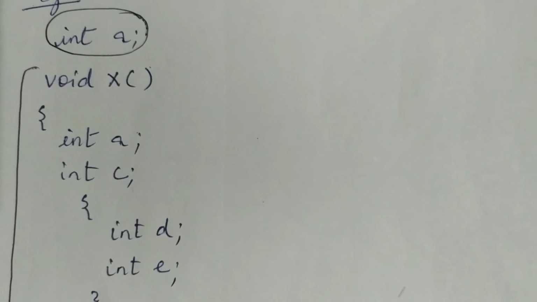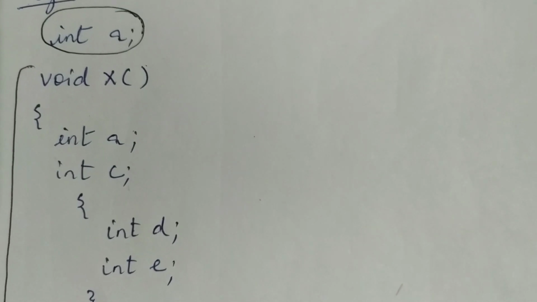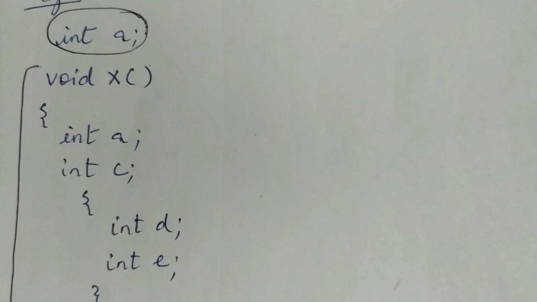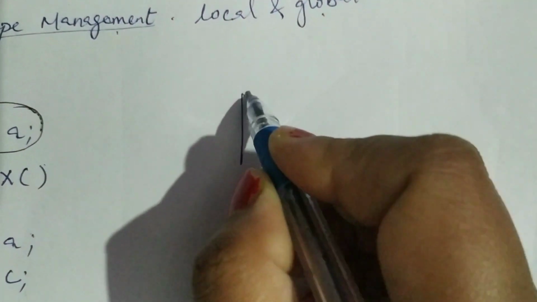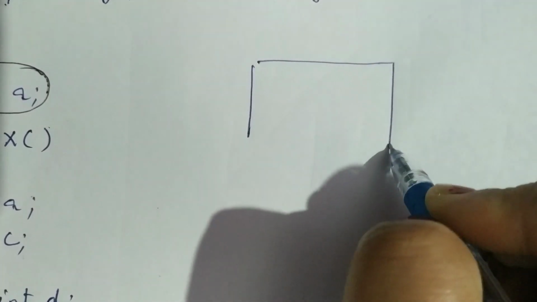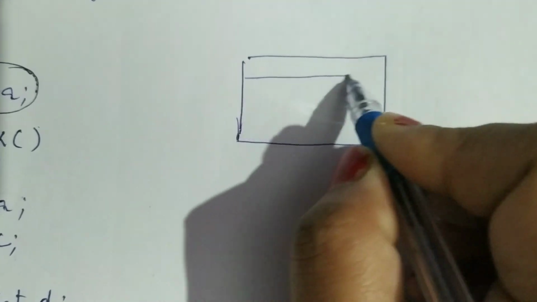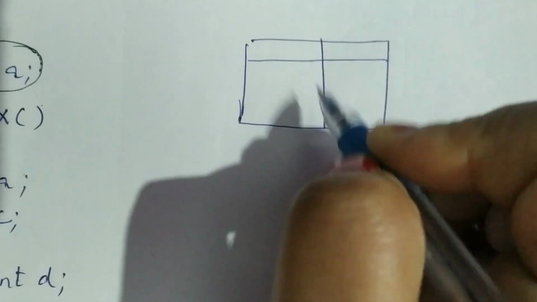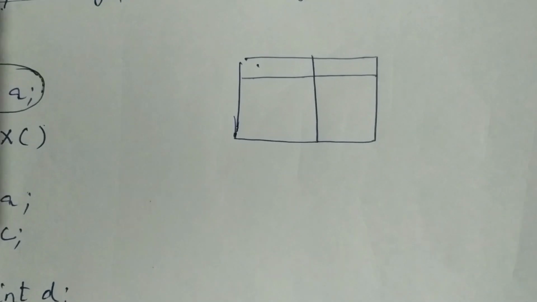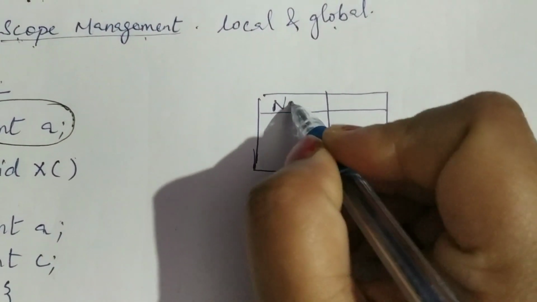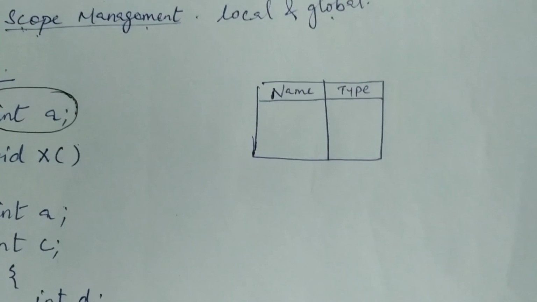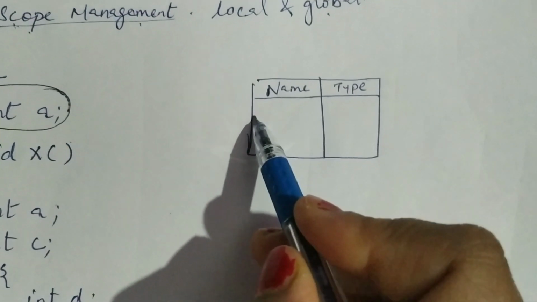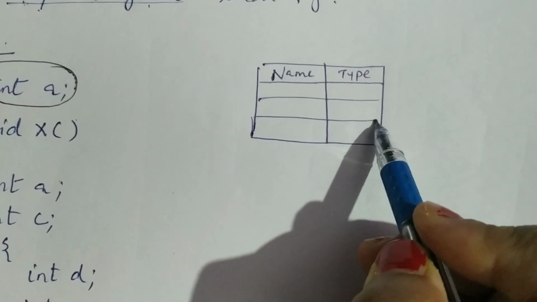So first of all, the data of these different independent blocks will be stored in the symbol table. It will be represented like this. Block will be created. First of all, name is stored and then its type. So here we have 3 different blocks.